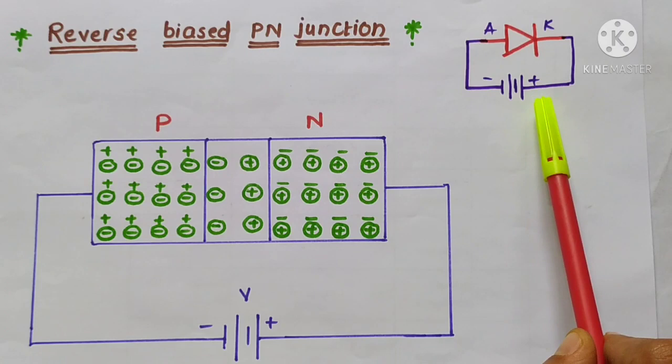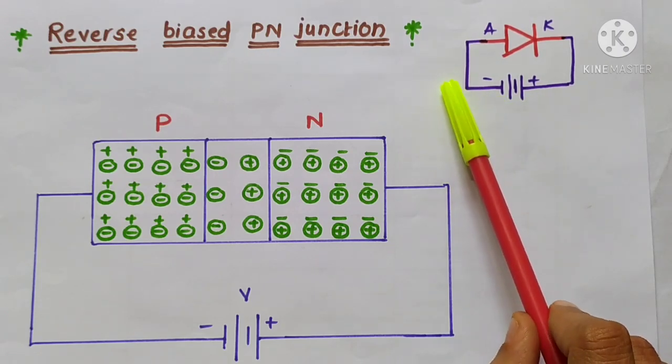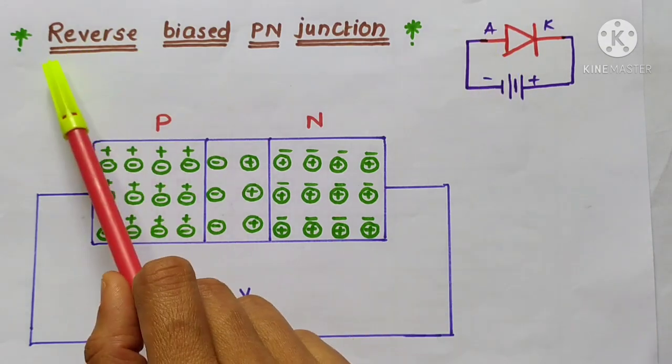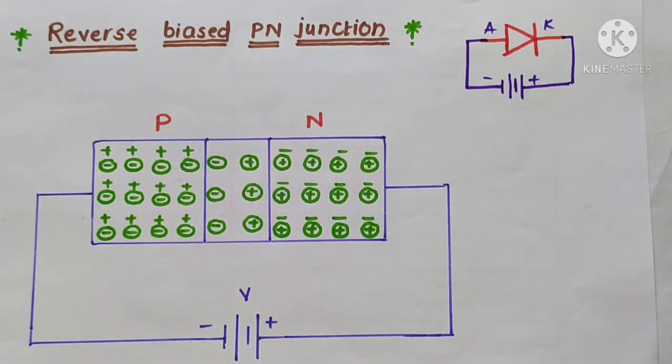So students, remember this polarity for the connection when we have to connect the diode in the reverse bias direction. Okay, now see, this is the structural diagram. In this structural diagram, the P type is connected to the negative terminal of the battery, while the positive terminal of the battery is connected to the N side.